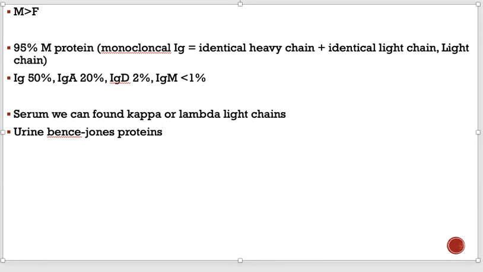If you understand this, then we'll go and discuss clinical features of multiple myeloma, right?